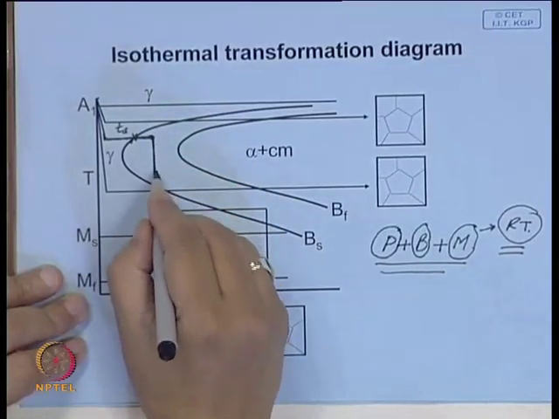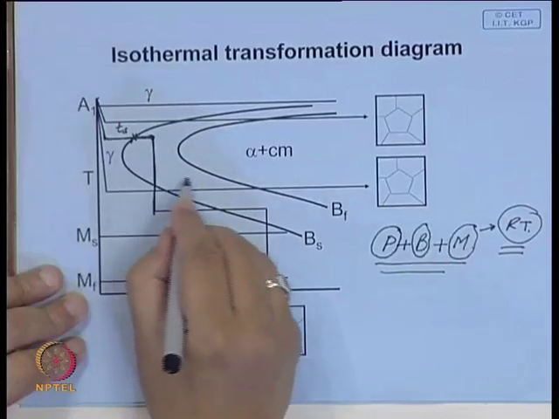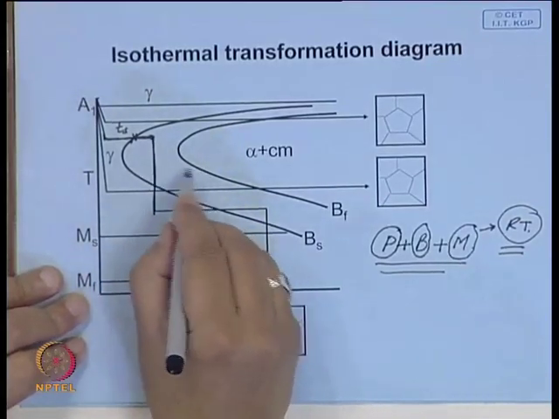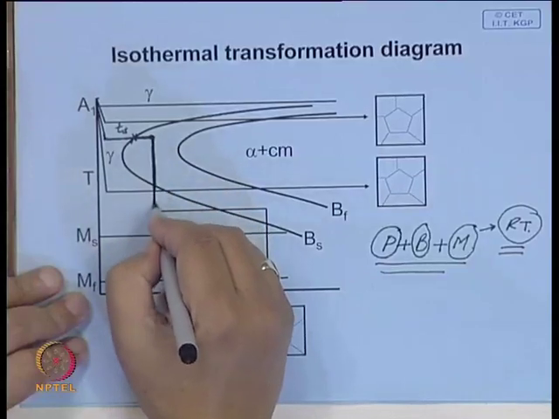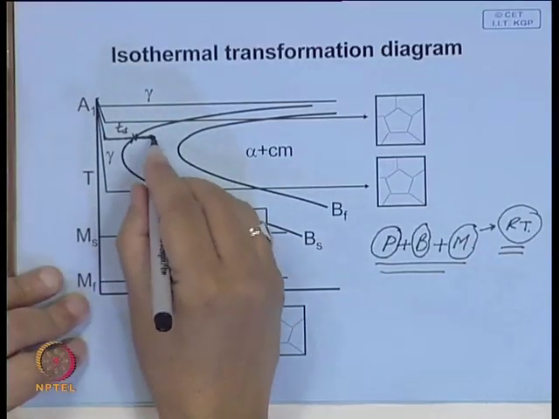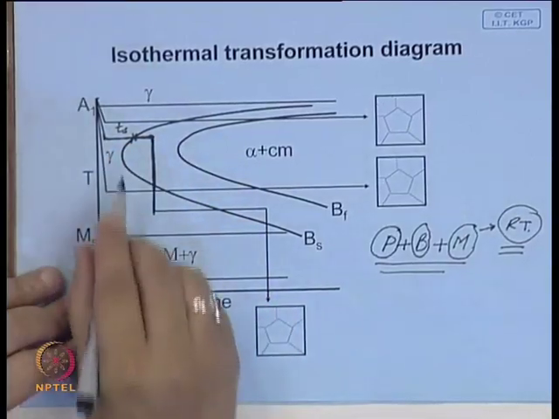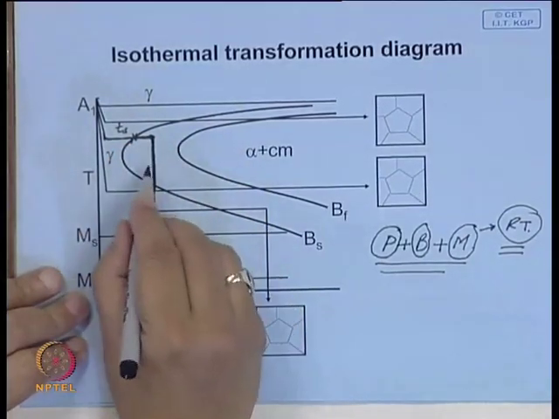even though it is crossing this area does not mean that bainite will form, because for bainite to form carbon has to diffuse, and when you are quenching you are not allowing that time. So, even though apparently it looks like it is passing through this, mind you, this is an isothermal transformation diagram.